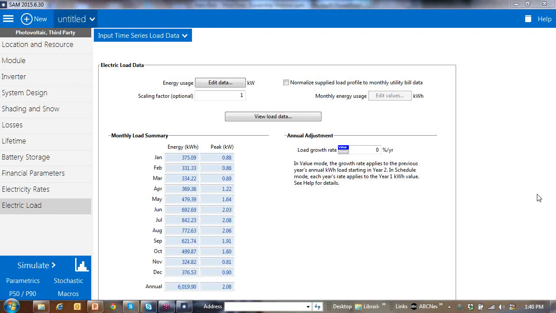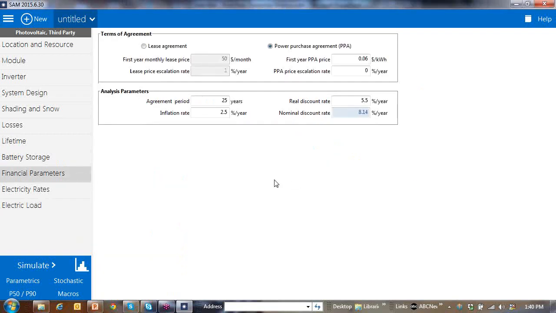And if you could switch to the financial parameters page, please. Sure. I just want to point out that there is a small bug with the current version, which is that the 4 input variables under terms of agreement there, the PPA price and escalation and the lease price and escalation, unfortunately, in setting up the model, we forgot to make those variables available as parametric variables.